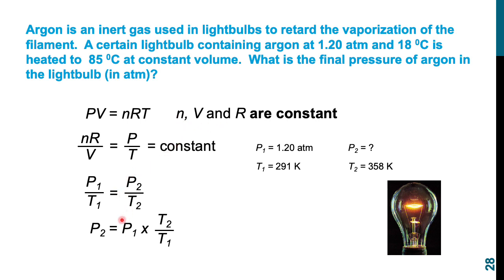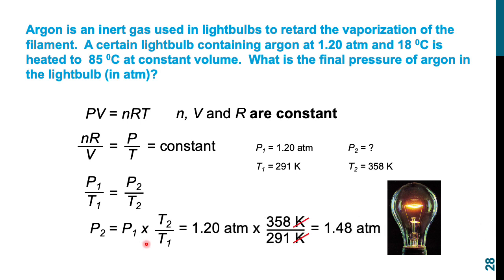So you can find P2, the final pressure. Just substitute all the information to this formula. So lastly, you will get 1.48 atm. So this is the answer.